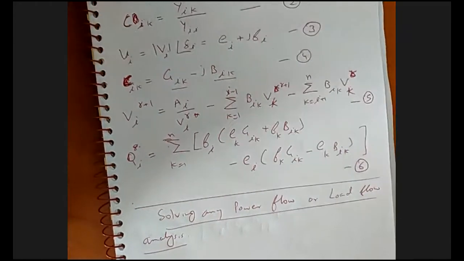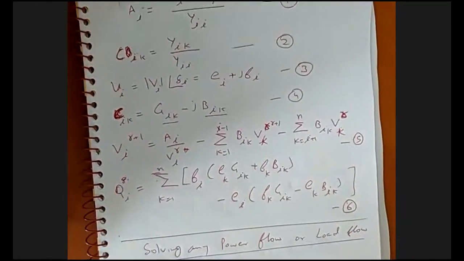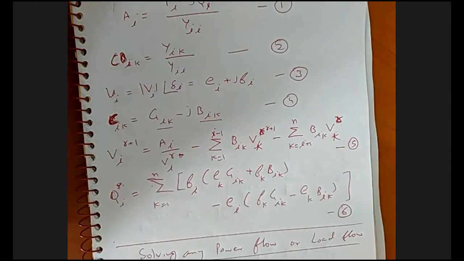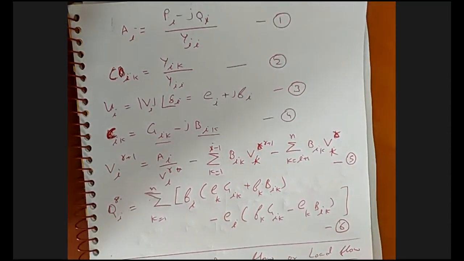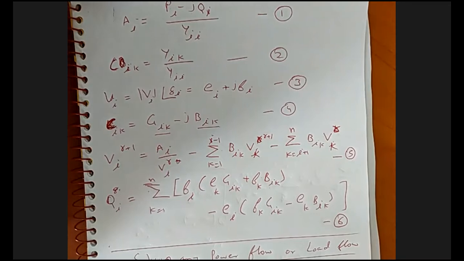If these formulas are known to you, then it is not a big issue how to apply them. And if you don't remember these formulas, then there will be complexity in how to solve and how to use them with the help of the Gauss-Seidel method. So these are the formulas which you have to remember.